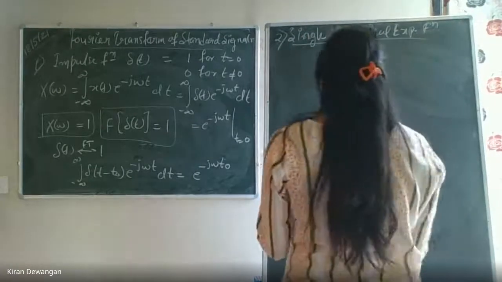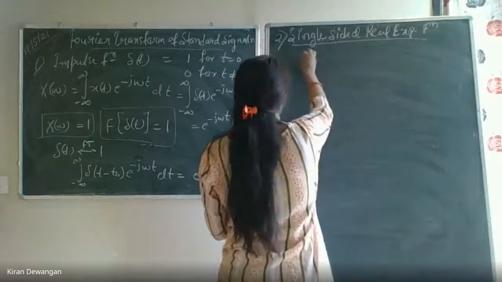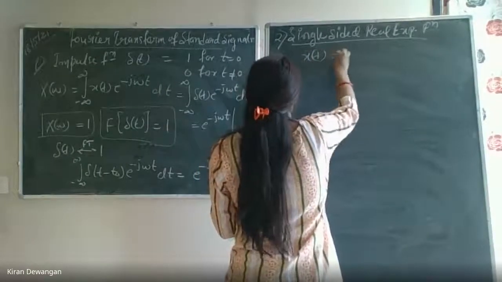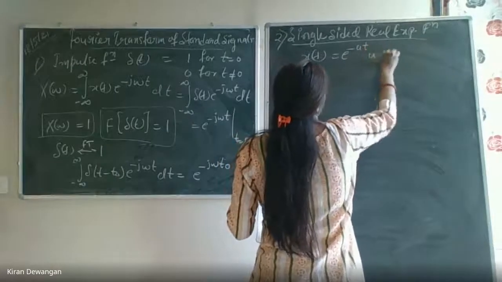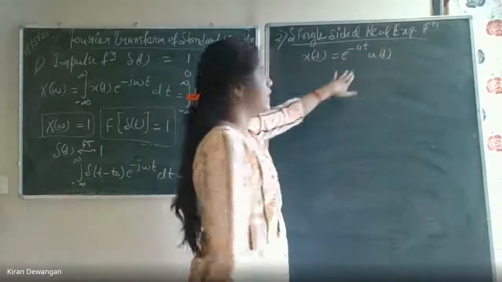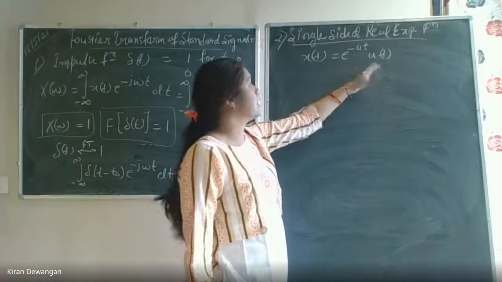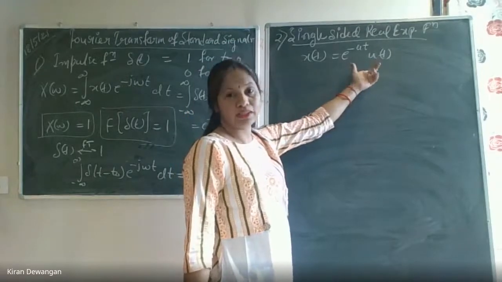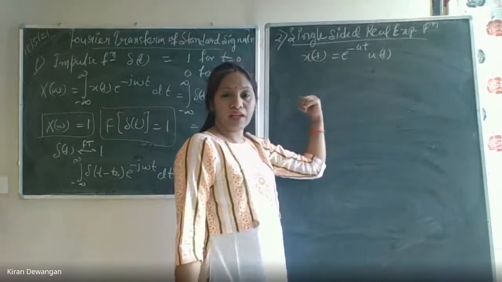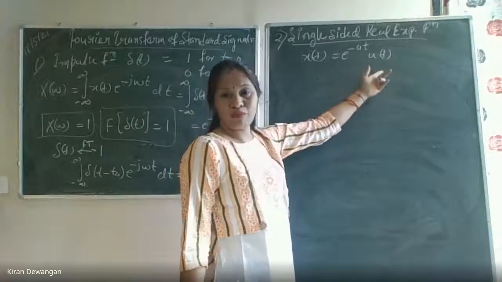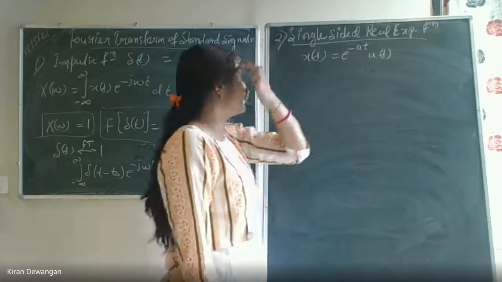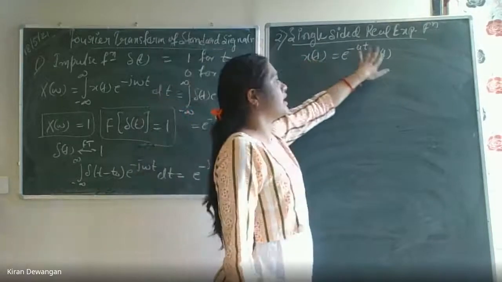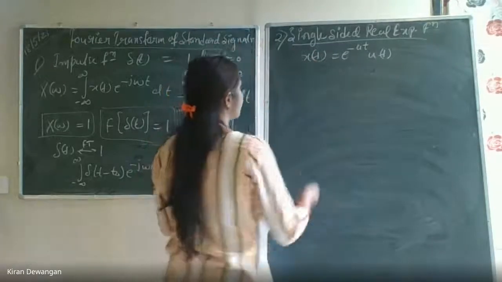Now what do you mean by single sided? That is, in this case my xt will be e to the power minus at ut. Ut मतलब it is just a single sided function. ठीक है, so it will work only for t greater than 0. We may even take for t less than 0, that is u of minus t. But right now let us just take for a single sided function. ठीक है, so if xt is e to the power minus at ut, what would be its Fourier transform?